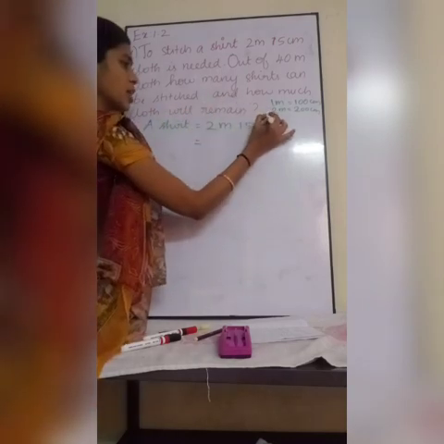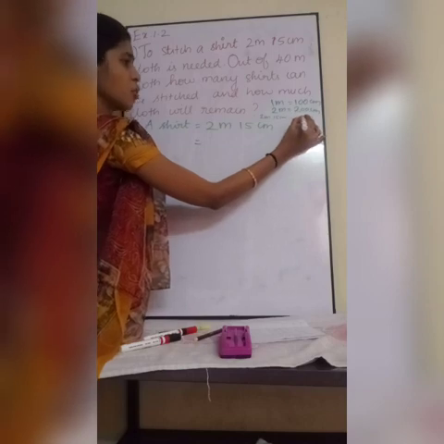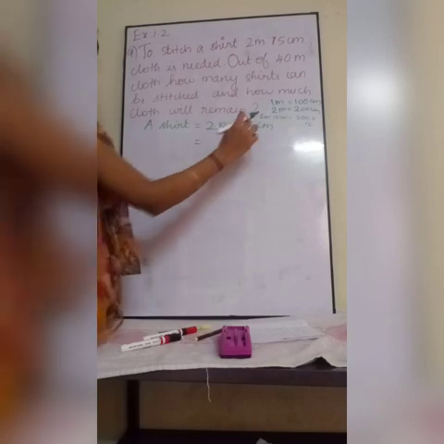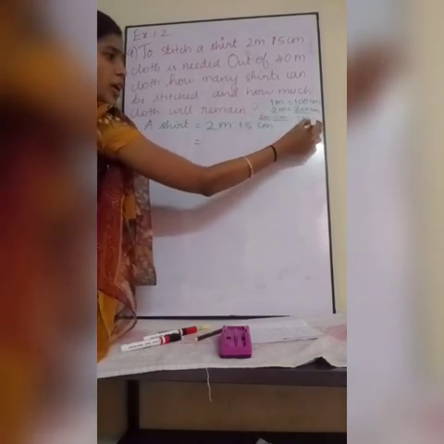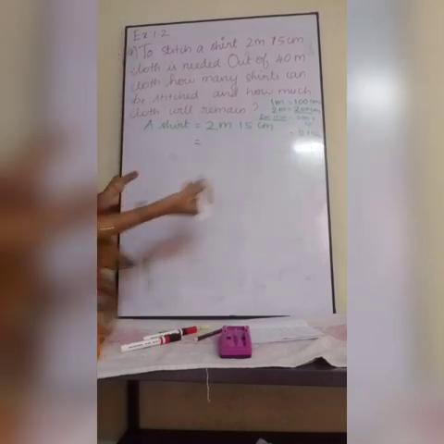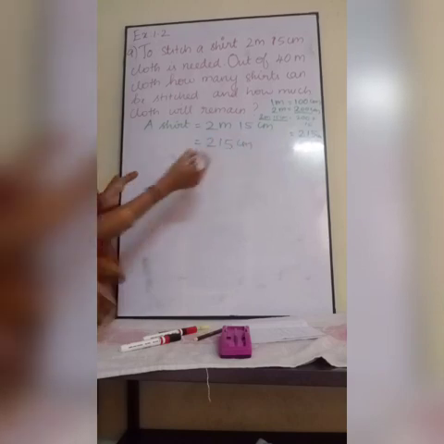Then 2 meter 15 centimeter will be 200 plus 15, so 215 centimeter. If I convert it, I will get 215 centimeter.